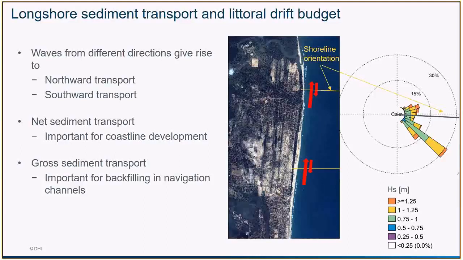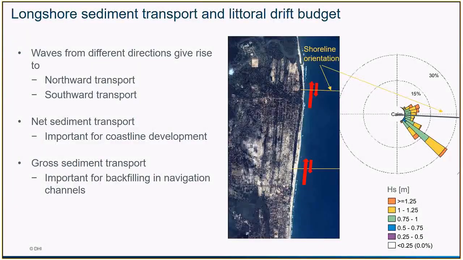And depending on the waves arriving at the coast, we will have transport oriented towards the north because of the waves coming from the southeast, and transport towards the south because of the waves from the most northern direction. As indicated by the arrows, we have a larger transport towards the north than towards the south. And this leads to the notion of net sediment transport, which is basically the sum of these two contributions.